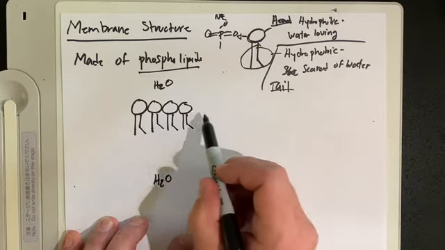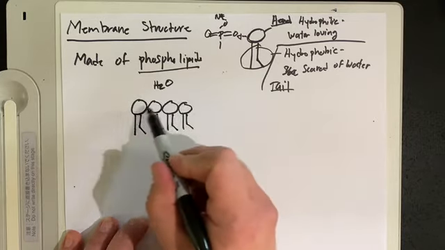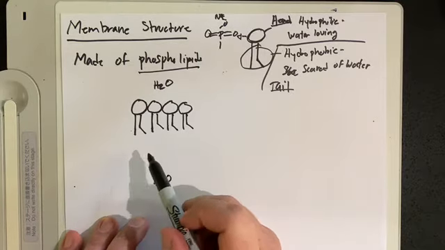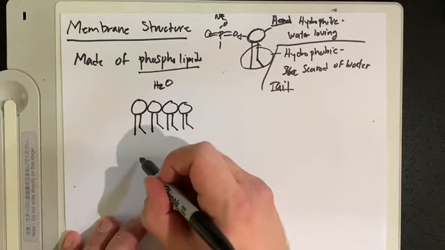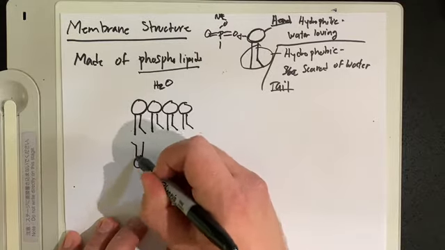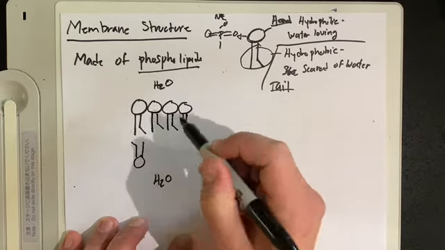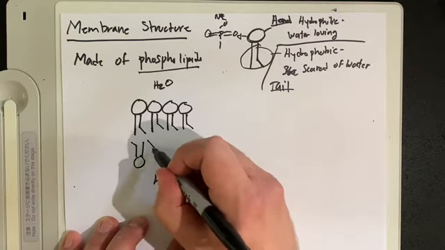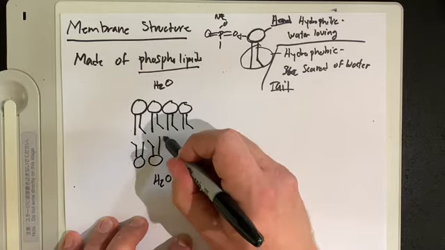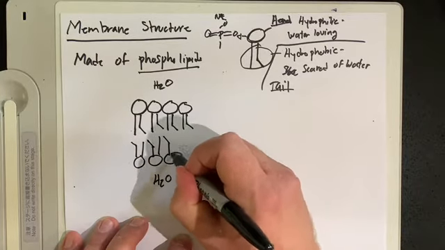So you start to create this one layer where they all love the water, these hydrophilic heads, but then you're going to actually create another layer below it where these hydrophobic tails are going to start to interact with each other.